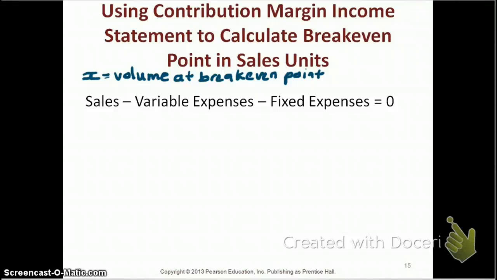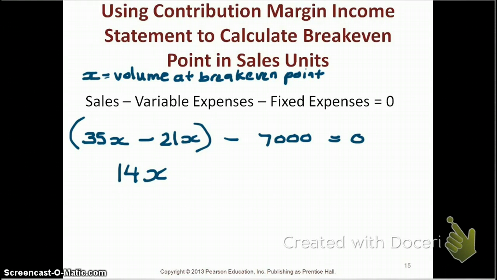So we know that sales price was $35, so our sales revenue would be 35 times X, or 35X, where X again is the volume at break-even point. Your variable cost per unit was $21, so your variable expenses would be 21X. You remember your fixed expenses was $7,000, and at break-even this would be equal to 0.